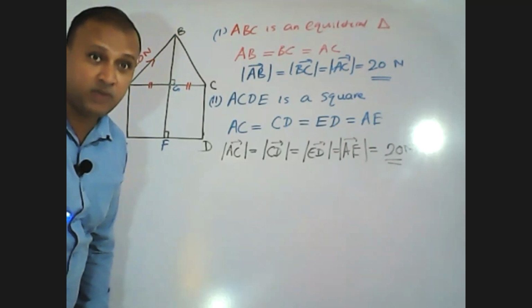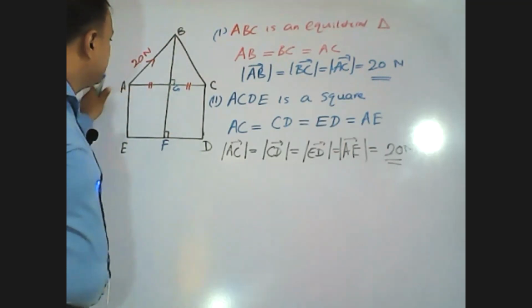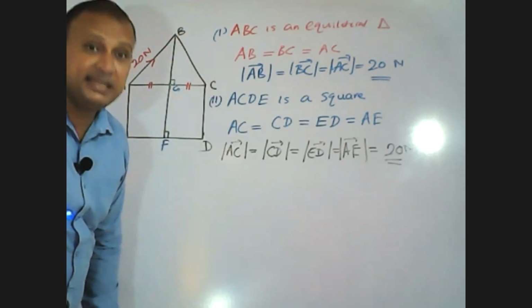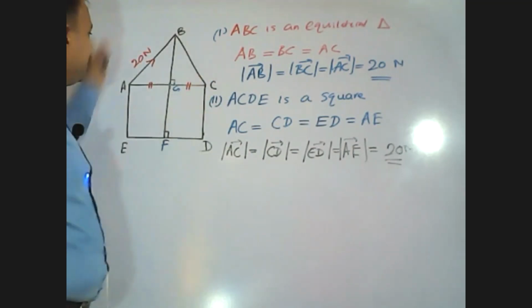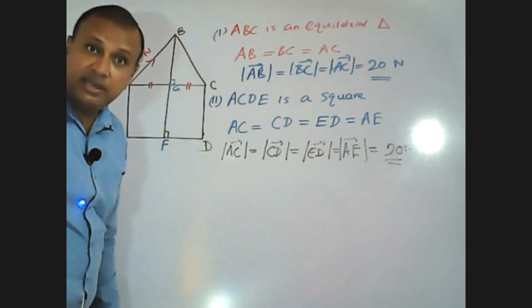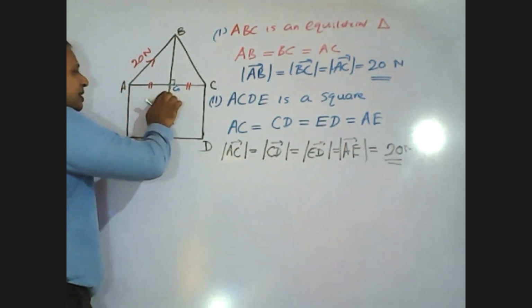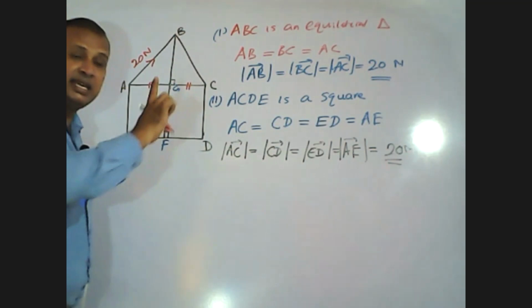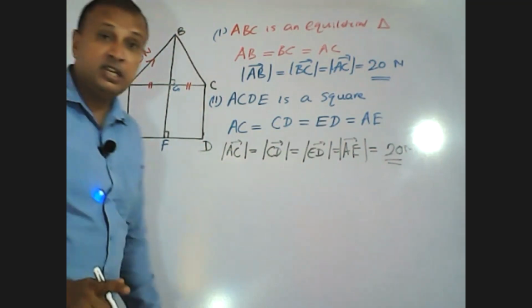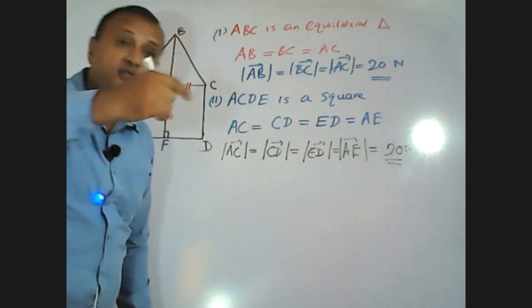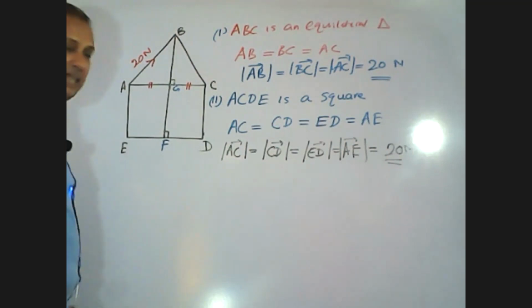I think you remember this one. It is a perpendicular bisector to AC as this is an equilateral triangle. That means the length of AG should be equal to half of AC.